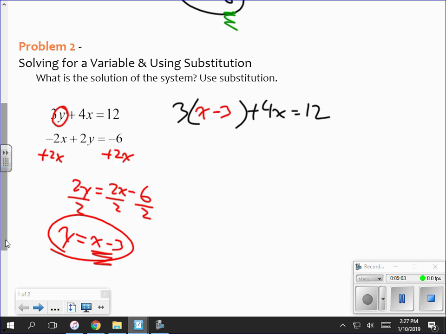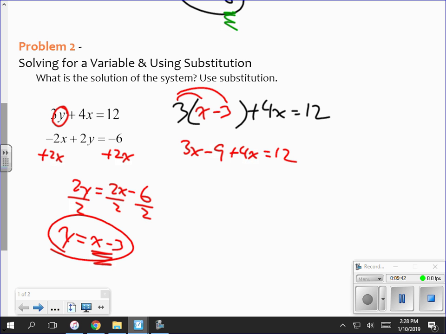We've done this before. It's been a while, but we've done these problems just like this before. My first step, distribute. Get rid of the parentheses. So I do 3 times x, 3 times negative 3, and then I still have my plus 4x that I haven't done anything with, equals 12. Combine up like terms.